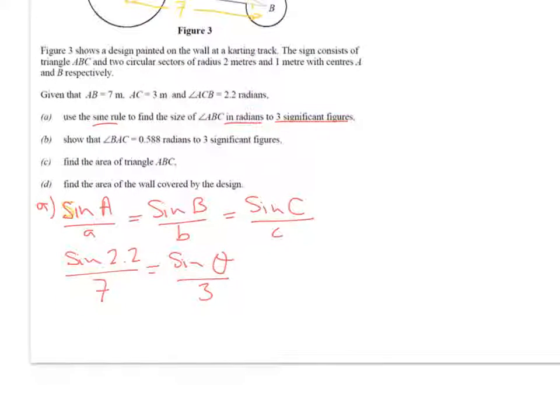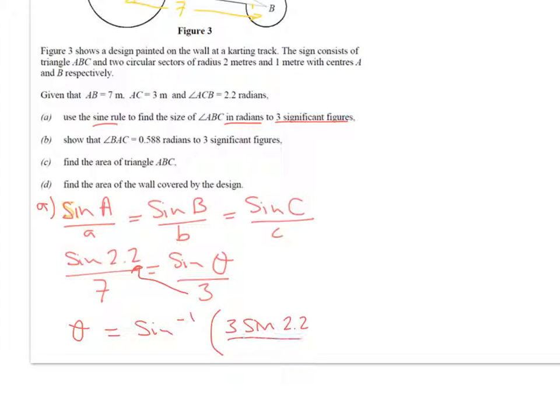Finding the angle, we've now got the angle equals sine to the -1 of, 3 lots of sine 2.2 all divided by 7. And that's going to give you an answer of 0.354 radians.